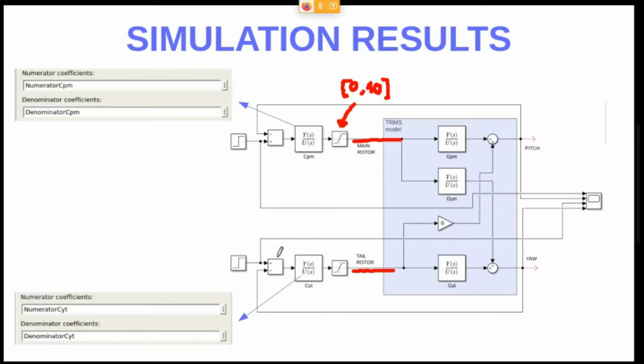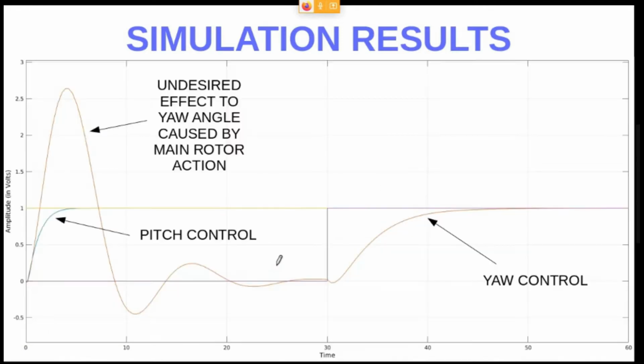Remember, the controller here is configured as a plus minus, remember? So we have not a direct action of the controller, we have a reverse action of the controller, right? So these are the simulation results.